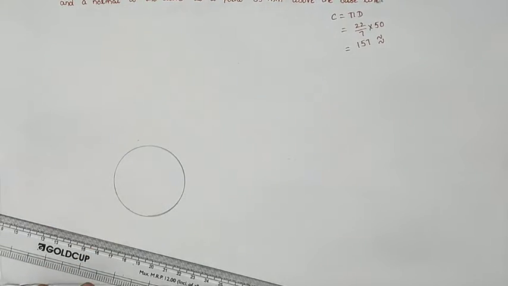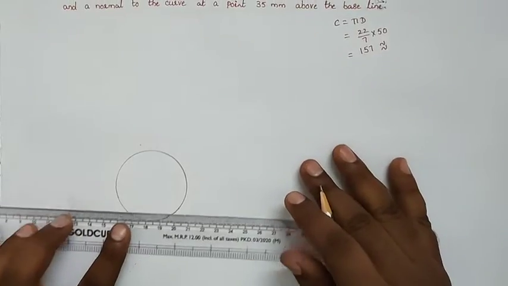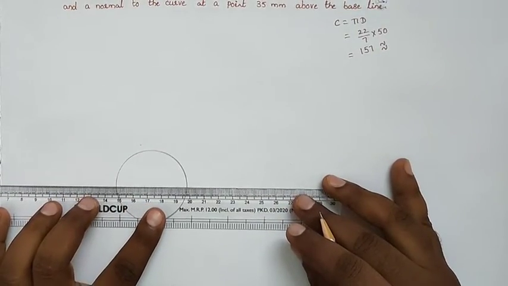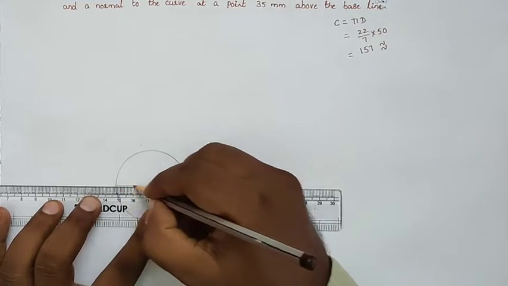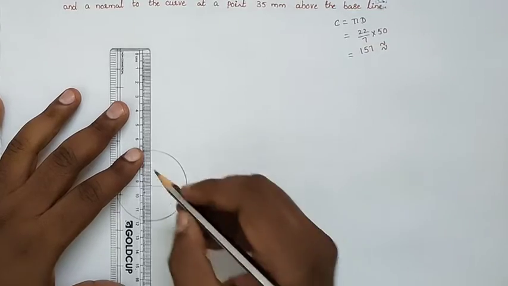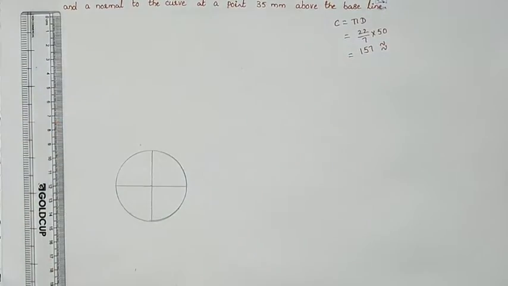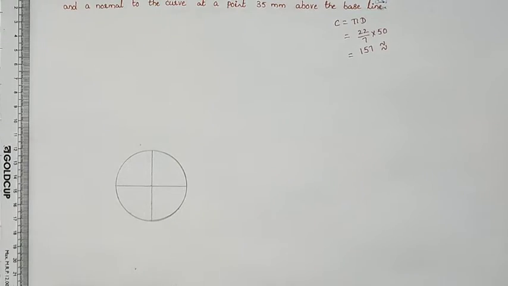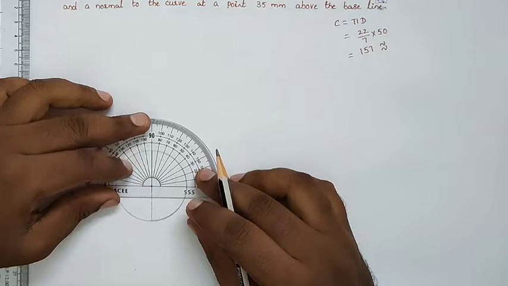After drawing this circle, locate its center point and divide the circle into a number of equal parts. Say 12 parts. You can divide the circle into 12 parts, or into 8 parts also, taking each angle as 30 degrees or 45 degrees.